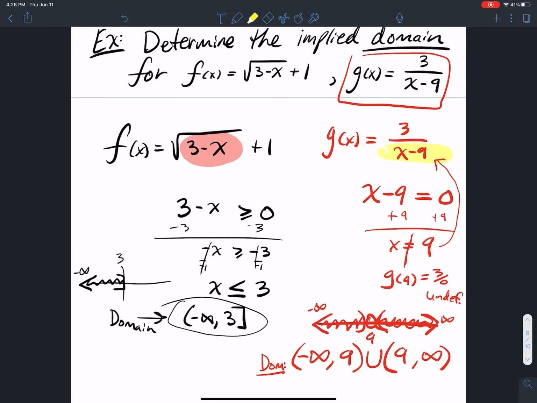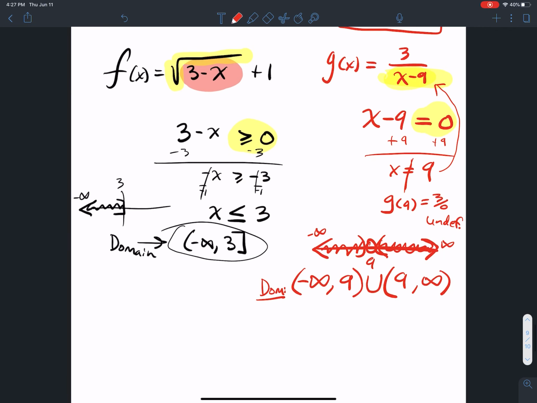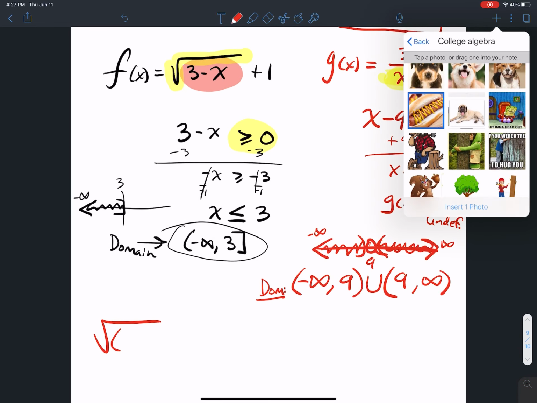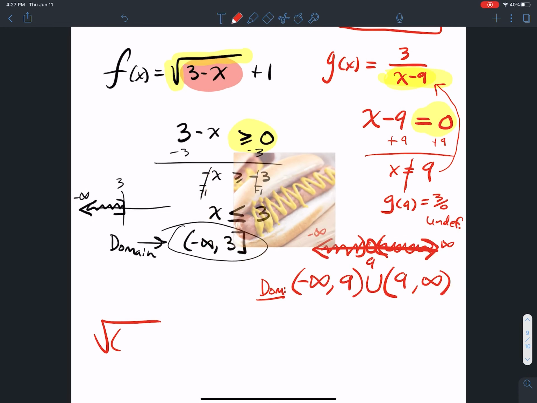So, be very careful, because I see students mix this up all the time. If it's a square root, I set whatever's in the square root to be greater than or equal to 0. If I'm dividing by something, that's when I set the denominator equal to 0. So square root of whatever, it could be a dadgum hot dog, right?